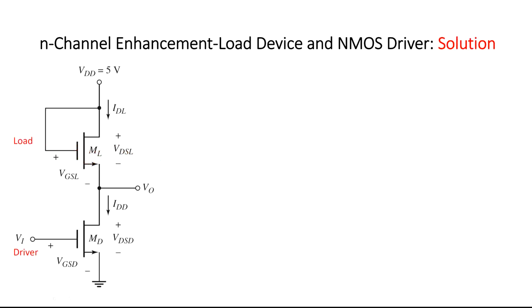Let us first solve the example for the input voltage Vi equals 5 volts. Assume that the driver transistor is biased in the non-saturation region, since the drain-to-source voltage will be small. Furthermore, the drain currents in the load and the driver devices are equal.